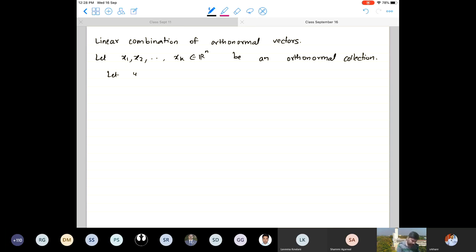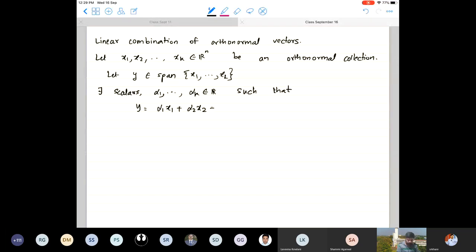And let y belong to the span of x1 up to xk. What does that mean? That means that there exist scalars alpha 1 up to alpha k in R such that y is equal to alpha 1 x1 plus alpha 2 x2 plus up to alpha k xk.